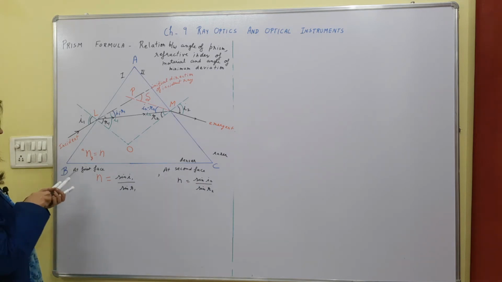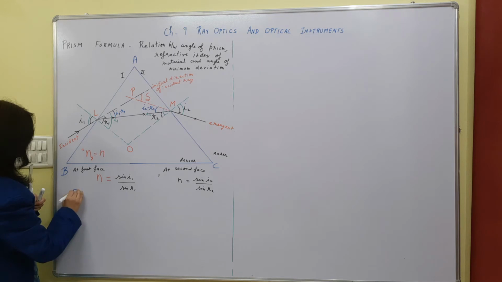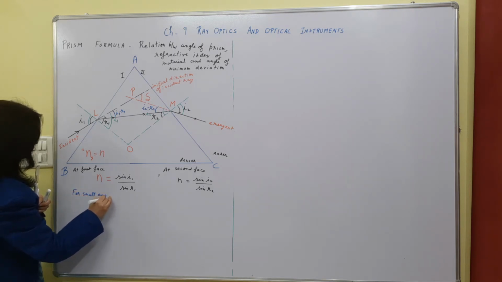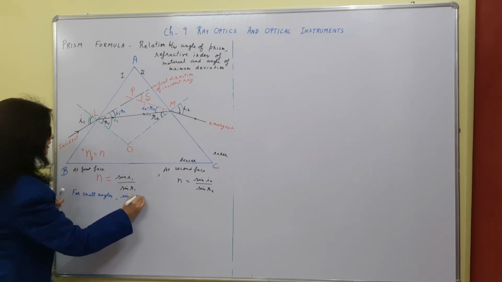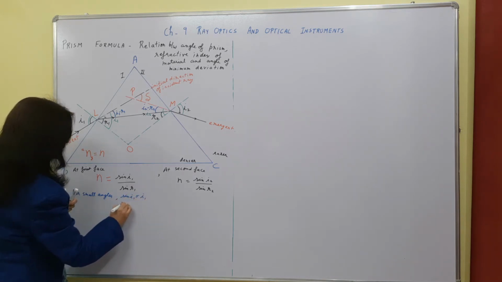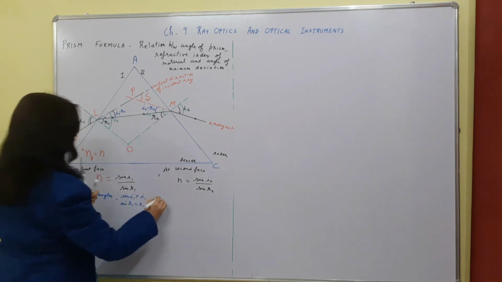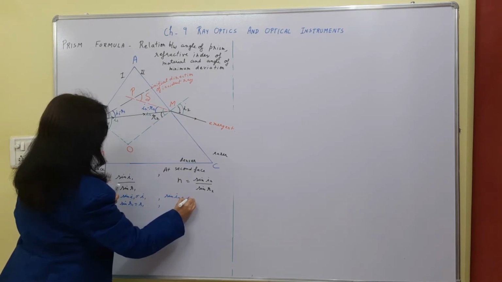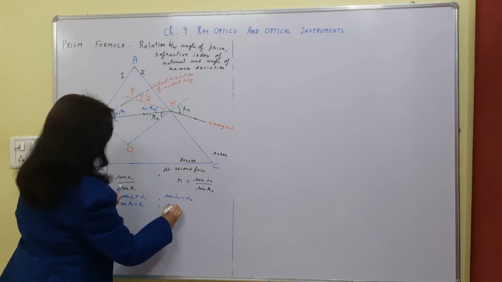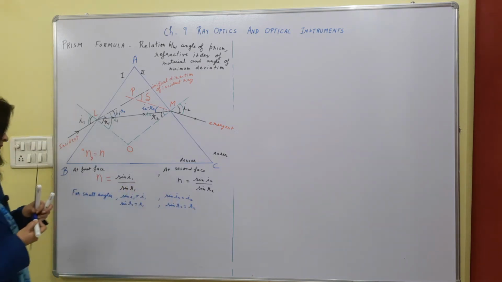Now for small angles, sine I1 is equal to I1, sine R1 is equal to R1, and sine I2 is equal to I2 and sine R2 is equal to R2, right?